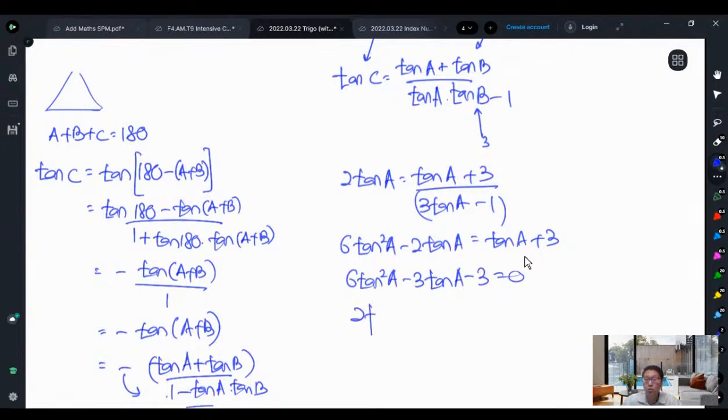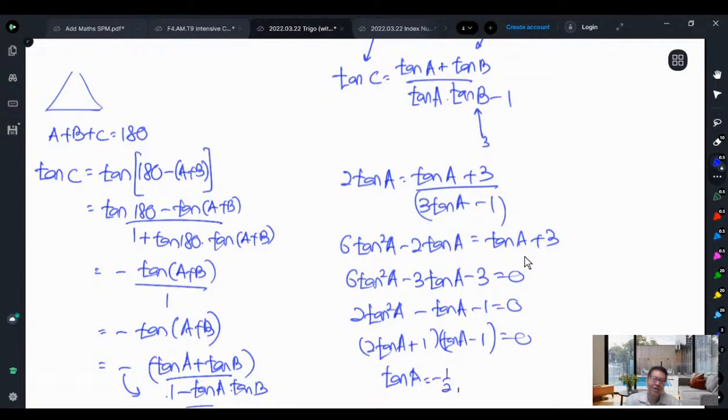Divided by 3, 2 tangent square A minus tangent A minus 1 equals 0. Factorize. Tangent A minus 1, and positive 1. So tangent A equals negative half. Tangent A equals 1.